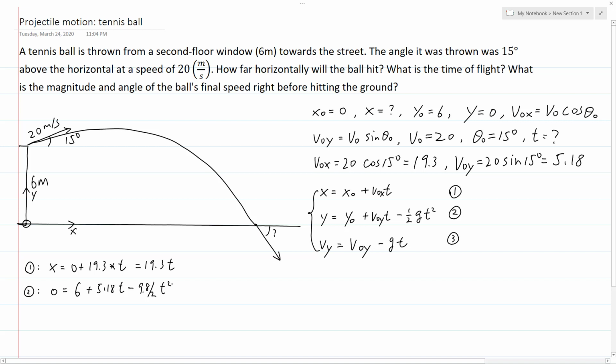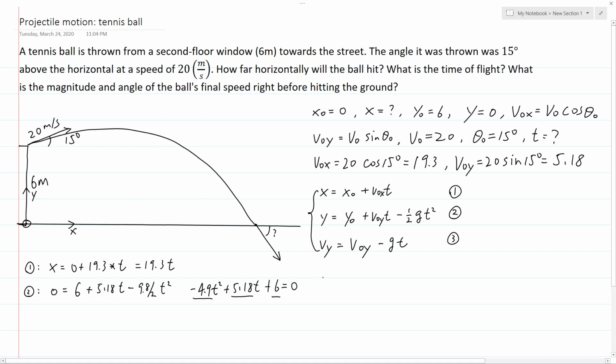So let's rewrite this a little, and we'll start with minus 4.9 t squared plus 5.18 t plus 6 equals 0. Alright, so this equation is a quadratic, right? This is the A, this is the B, and this is C. So we should be able to use our quadratic formula to solve it.